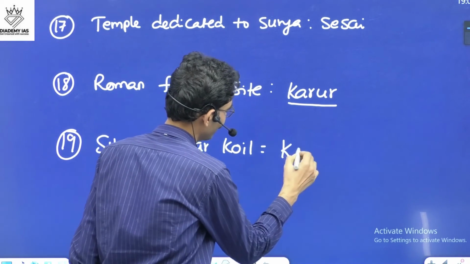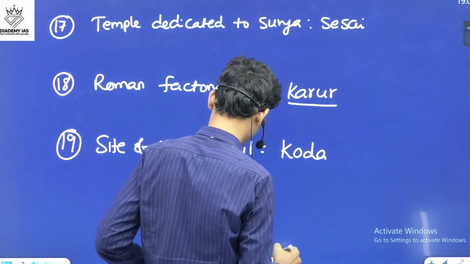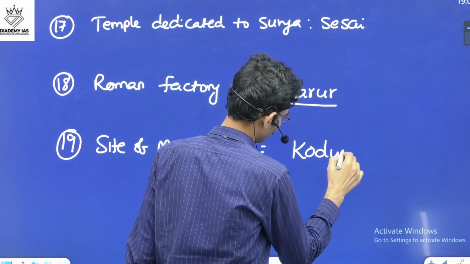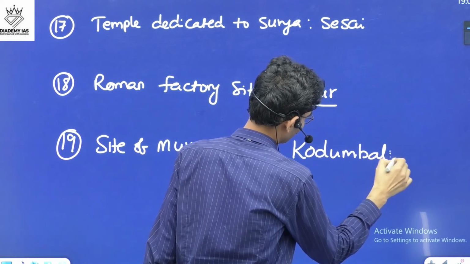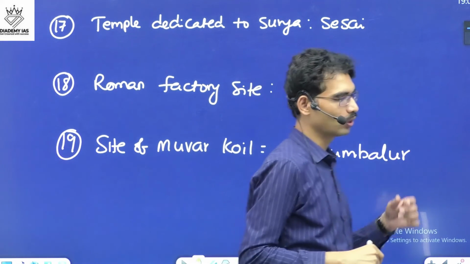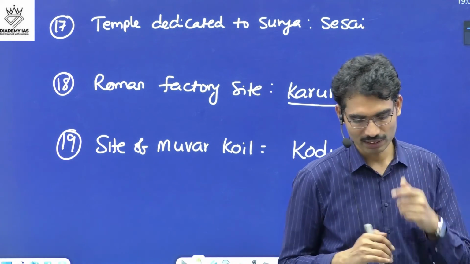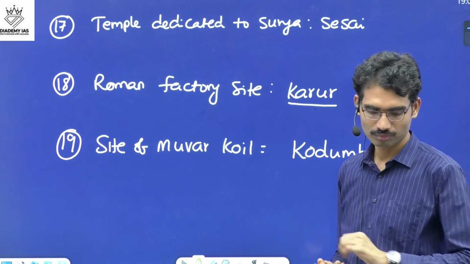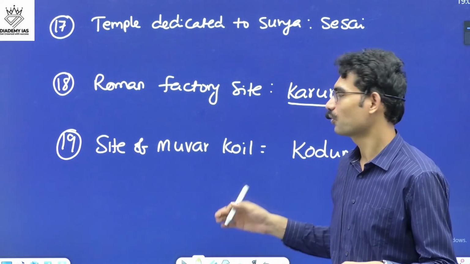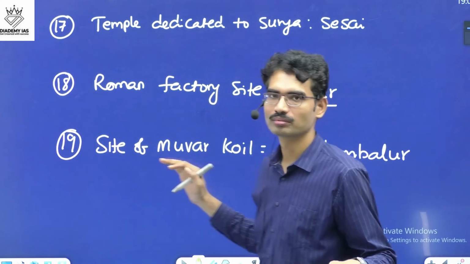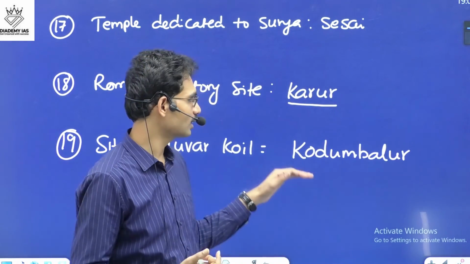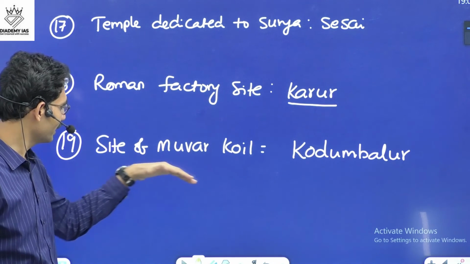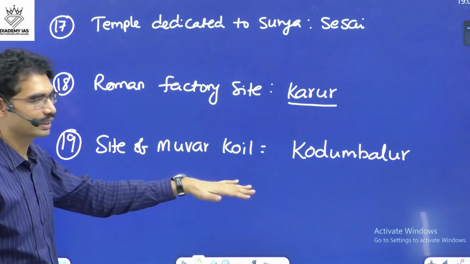This is a little bit difficult, a very difficult one. The site name is Kodumbalur. And this is one of the feudatories of the Cholas. One of the feudatories of the Cholas constructed 3 temples here. That's why it is one of the famous temples nearby.